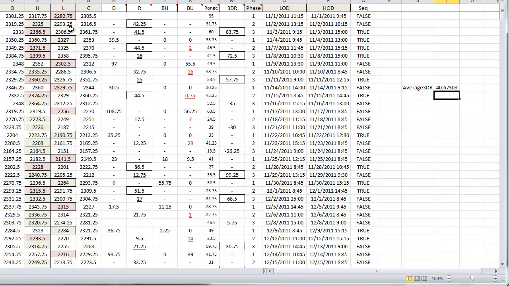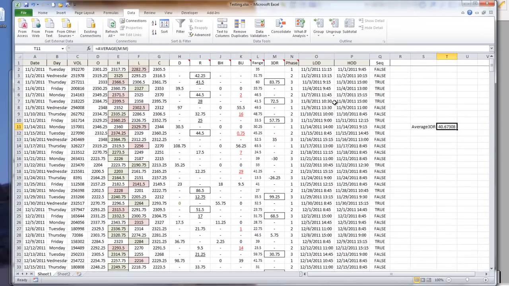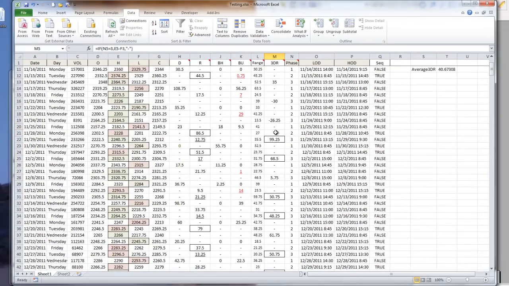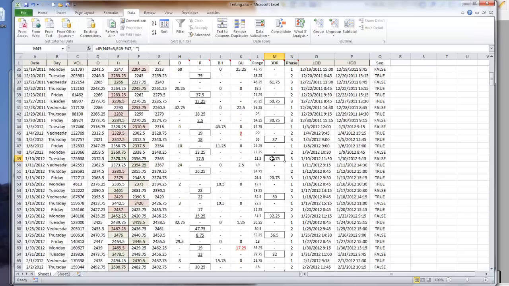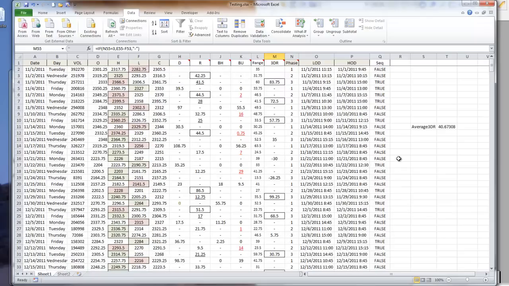So from the buy day low to the sell short day high, the average rally is 40 points. If you look at it and average all these out, you can see how you probably come out with that number. So that could be one statistic.